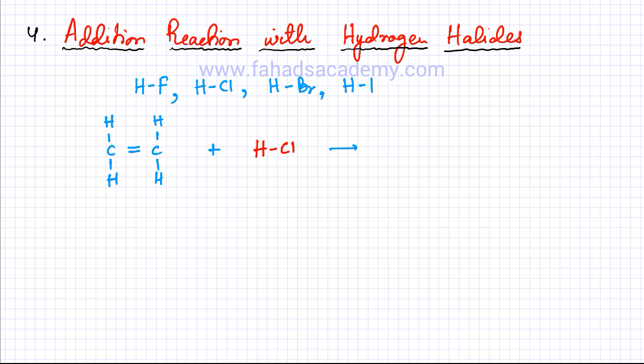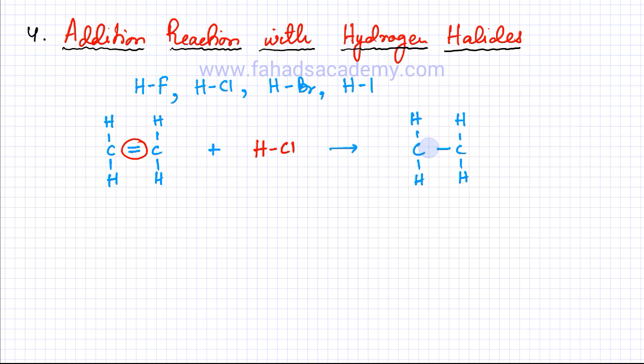So the product is, again, you're going to redraw the molecule of ethene, except that instead of the double bond, you're going to draw a single bond. So if you look carefully, this double bond is now converted to a single bond. So that's what you're going to do.